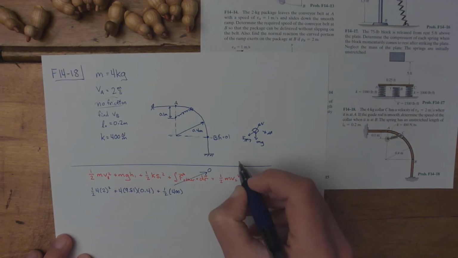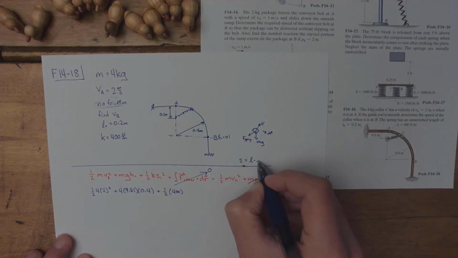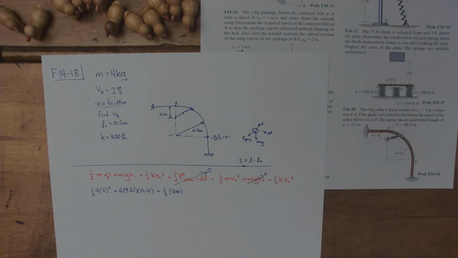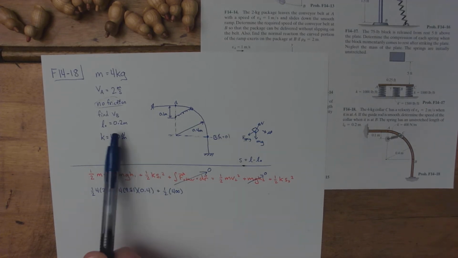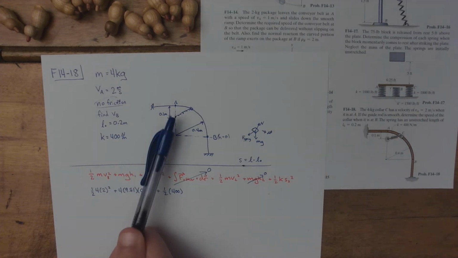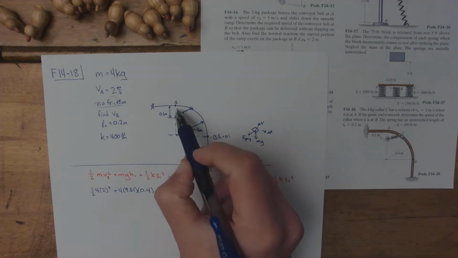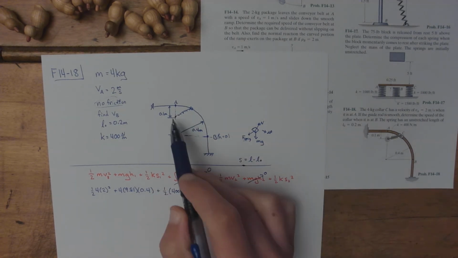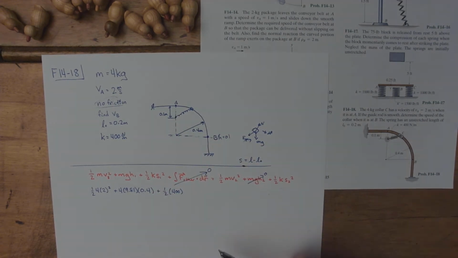Remember that s is equal to L minus L naught, where L is the current length of the spring and L naught is the unstretched length of the spring. So we're told L naught is 0.2 and the length of the spring at point A is 0.1.